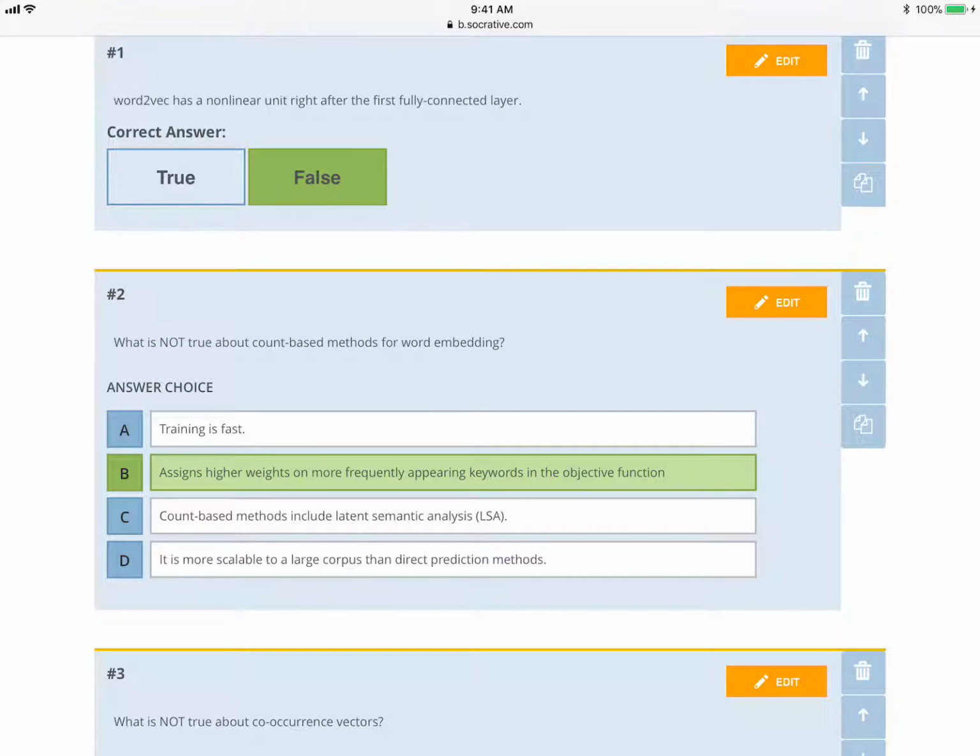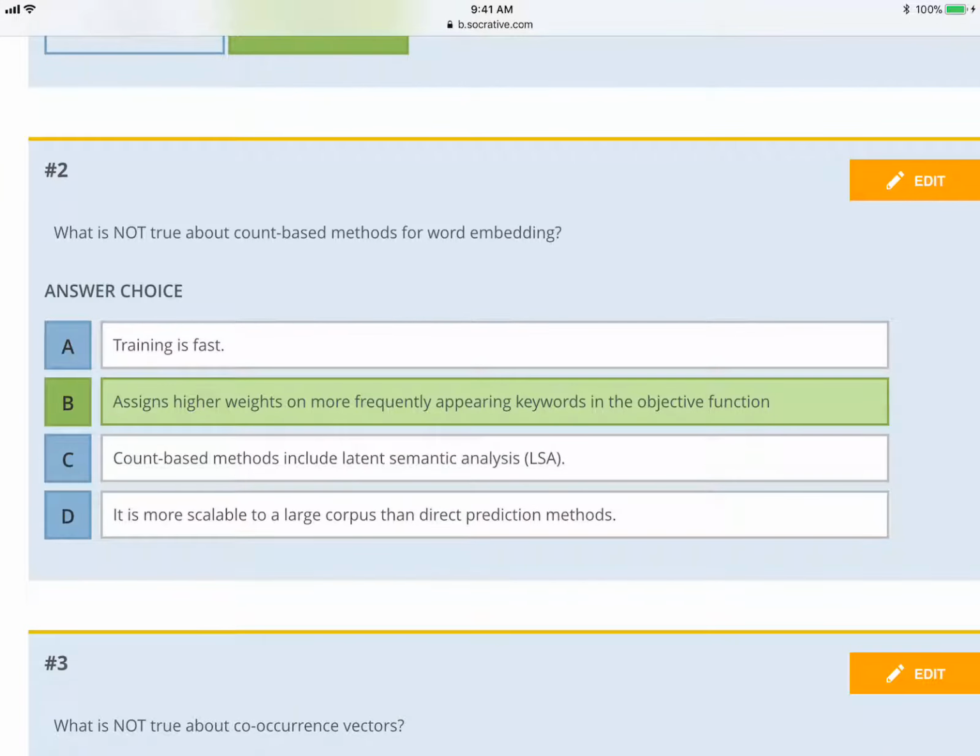Okay, go ahead, please. Because what I have given is wrong. GloVe actually uses count-based methods. Yeah, right, GloVe is count based. But in the slide it was mentioned as not scalable.